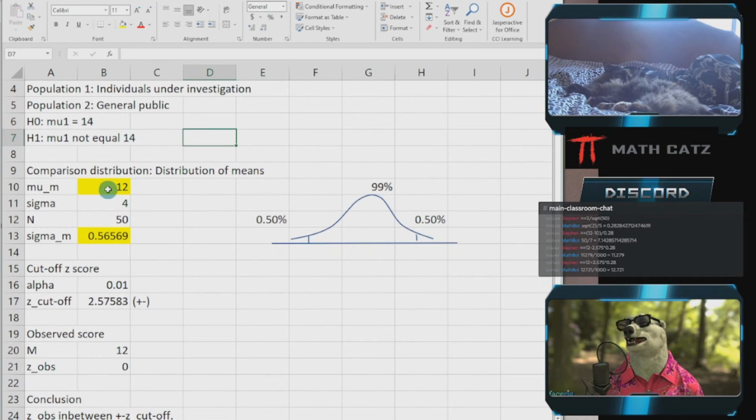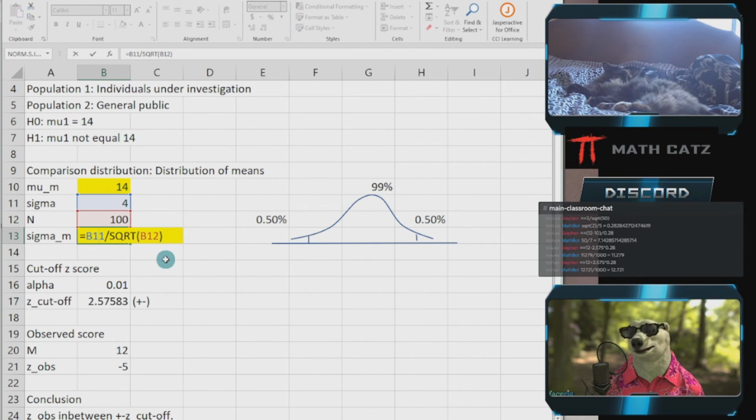In the same way, our distribution of means, population mean is then 14. Sigma is still 4. Now we have 100 sample size, and you see our standard deviation of the distribution of means, our comparison distribution, updates accordingly because we had the formulas built in. So we didn't have to actually recalculate it. We just changed the input.